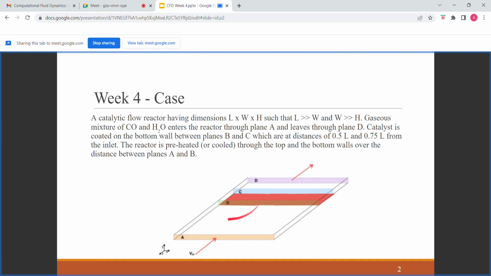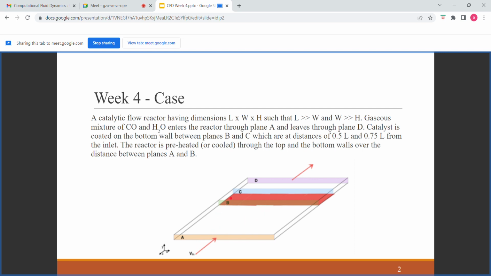Plane B is the middle plane between A and D, and plane C is at the exact midpoint between planes B and D. Between planes B and C, the catalyst is coated at the bottom walls.